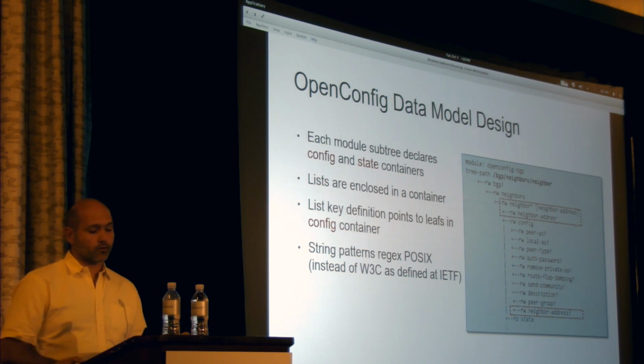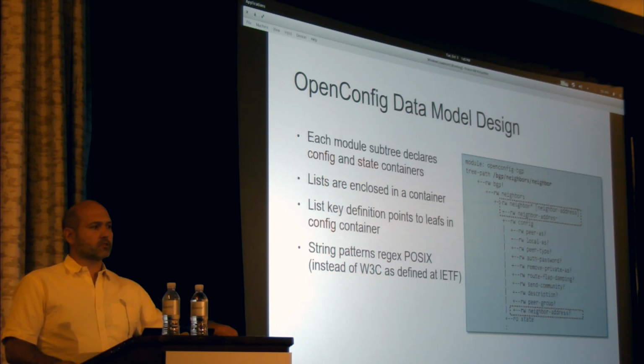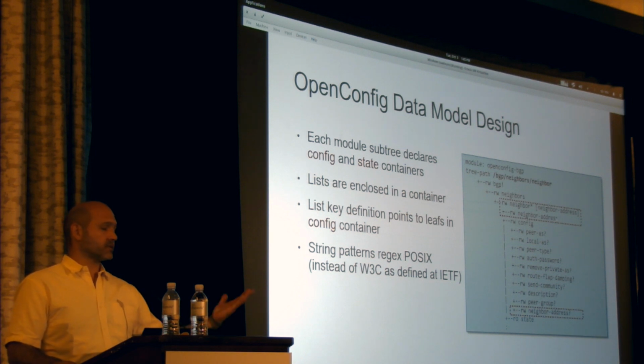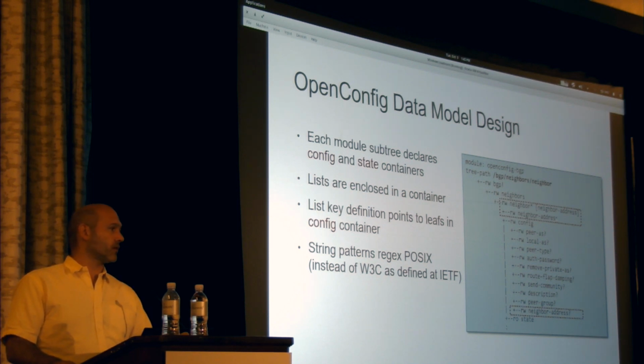Another design approach they took, which has been a little bit controversial, concerns patterns for strings. In the Yang language, you can define patterns for strings. For instance, the name of an interface is a very well-defined pattern. In the Yang specifications, those patterns are defined with regular expressions that follow the W3C model.